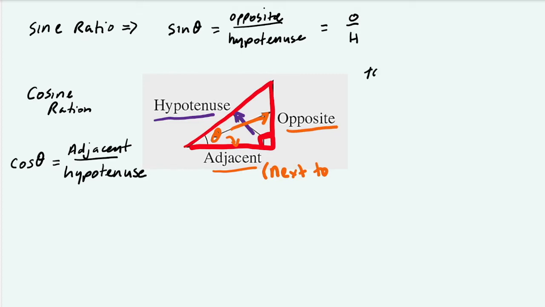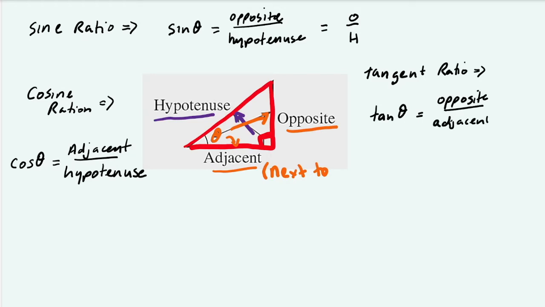And then the tangent ratio, which doesn't use the hypotenuse at all, is tan of theta is the opposite side over the adjacent side, or O over A, and down here we have A over H.